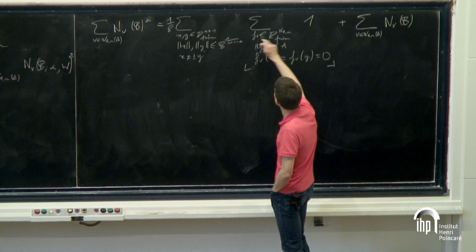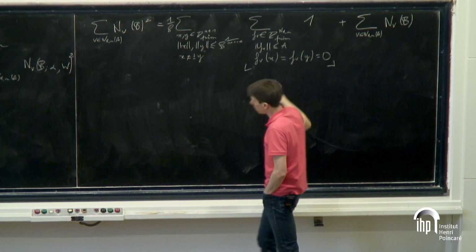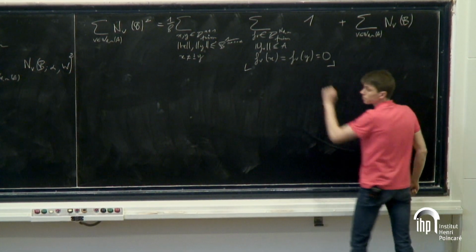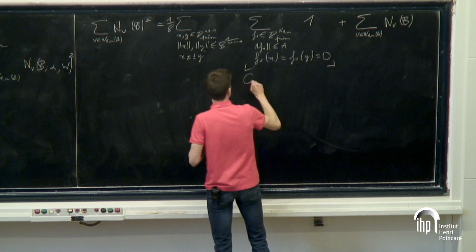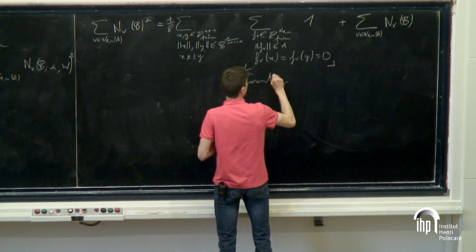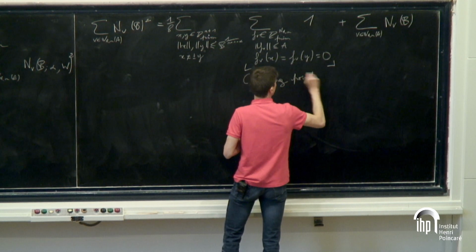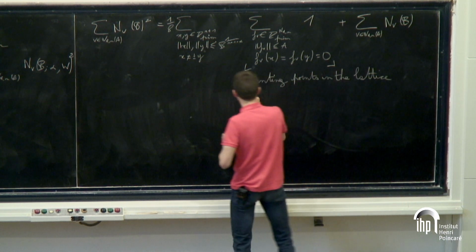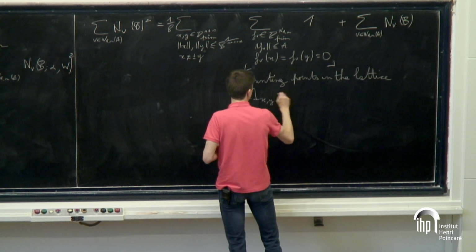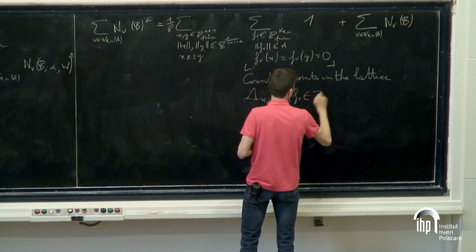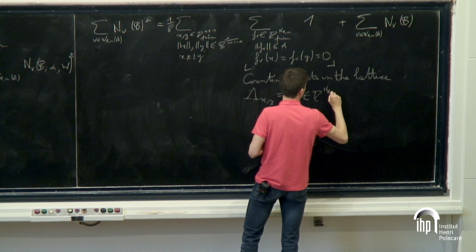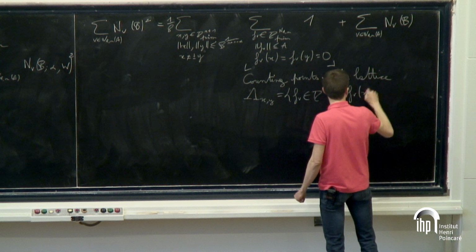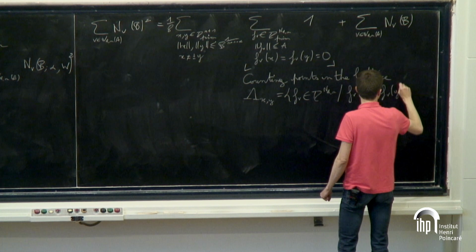The sum over fv is simply a sum over coefficients which satisfy two linear conditions. Okay, so we are actually counting points in the lattice, which I'm going to call lambda xy, which is the set of a v in Z^n such that a v of x equals a v of y equals 0.